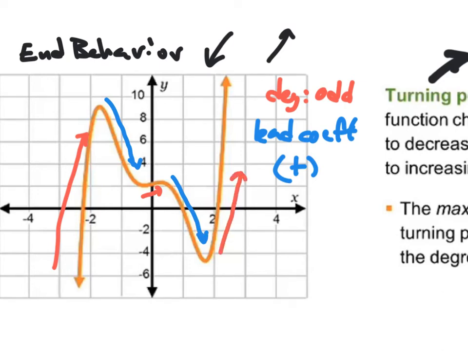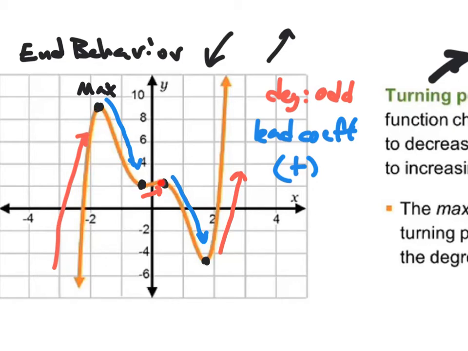Now I want you to take a look at this in that our graph changes from increasing to decreasing, decreasing to increasing, increasing to decreasing, and then decreasing to increasing. So we got quite a few. Here you have a maximum, because you changed from increasing to decreasing.